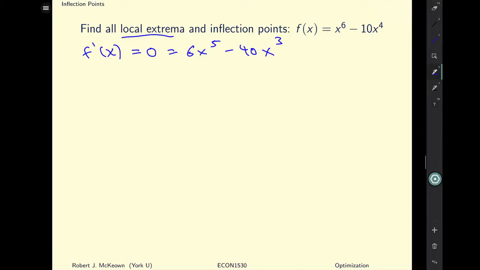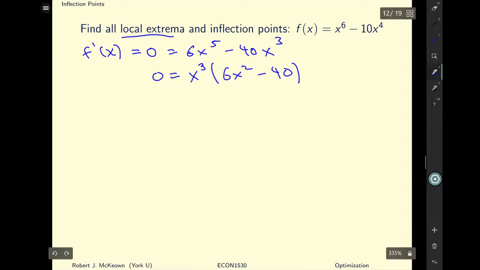And now I want to follow the algorithm, and I want to simplify this as much as possible. So I'm going to factor out an x cubed. Let's see how that looks. Not bad.